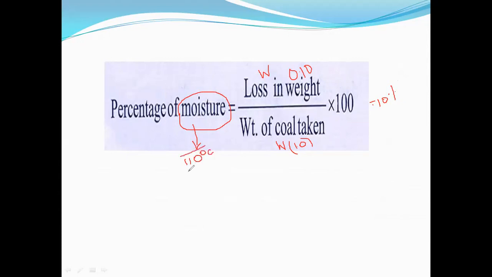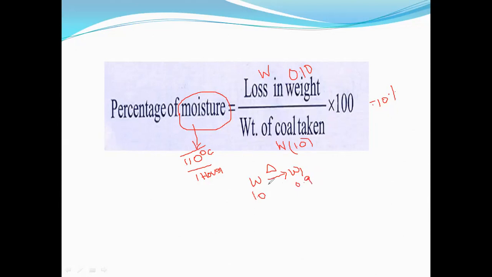The sample is heated at 110 degrees centigrade for 1 hour. Then a change in the weight of the coal sample takes place. The actual weight is 1 gram, and W changes to W1. Initially, the weight of the coal sample is 1 gram; after heating, the weight is 0.9 gram.